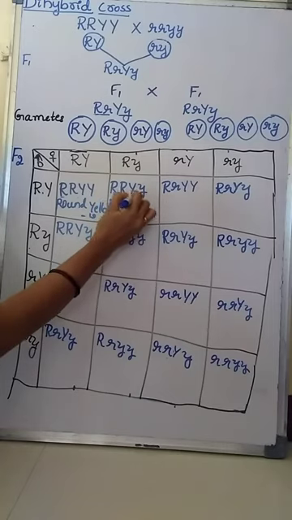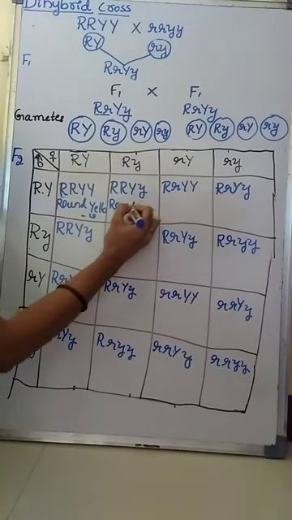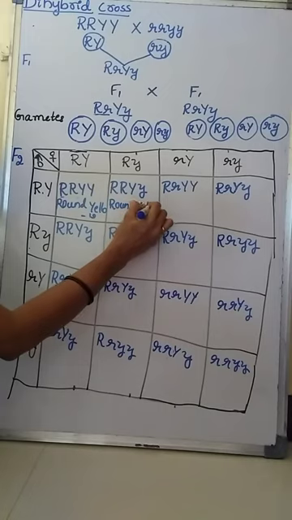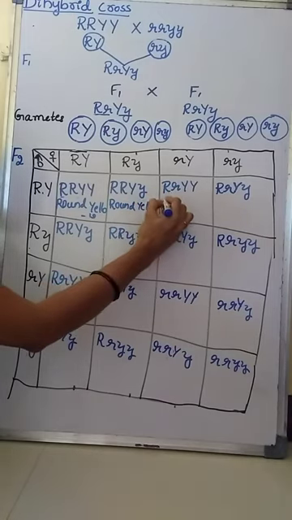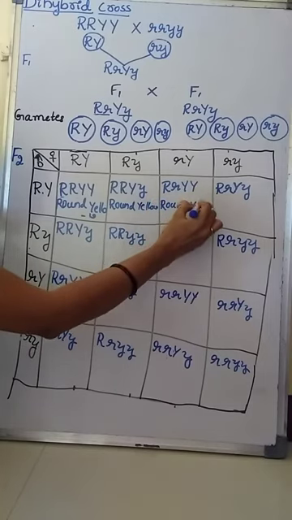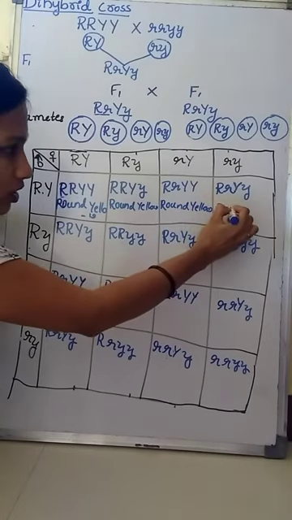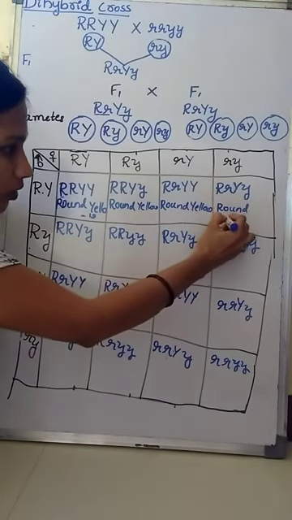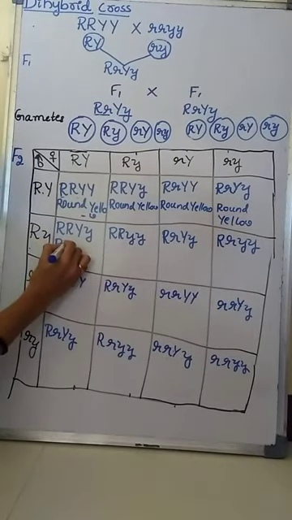Then out of these two, one is dominant. Whenever a dominant gene is present, it expresses itself, so we will get yellow. Here this is dominant, meaning round, and here these two are dominant, yellow. Here round, yellow. Here round, yellow.